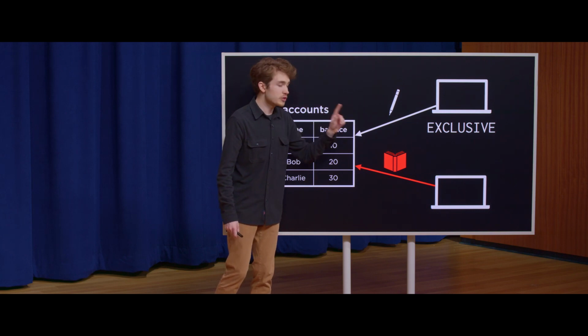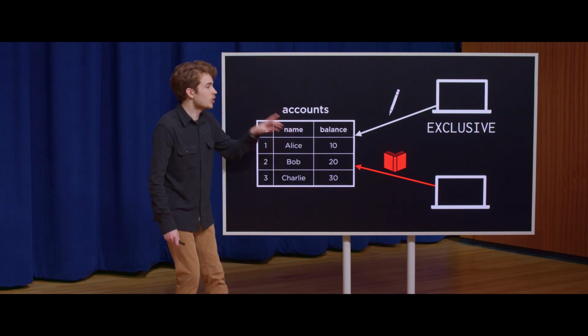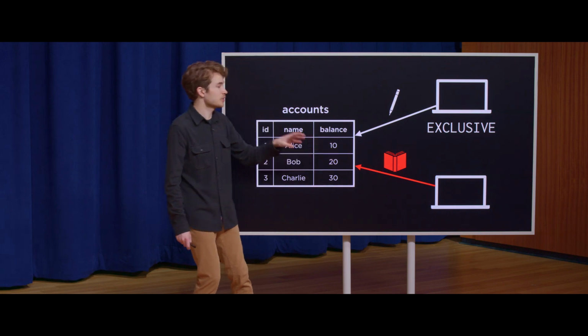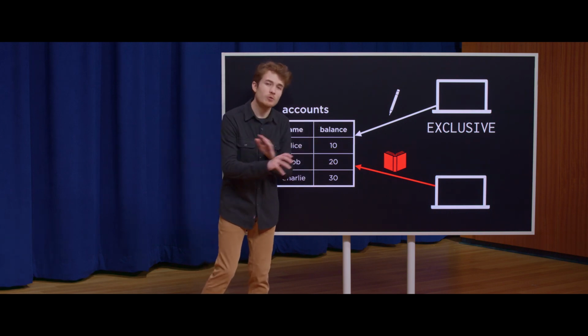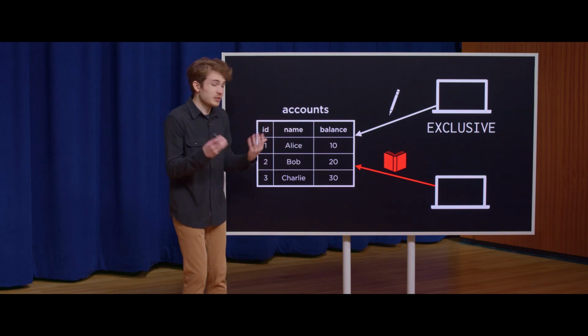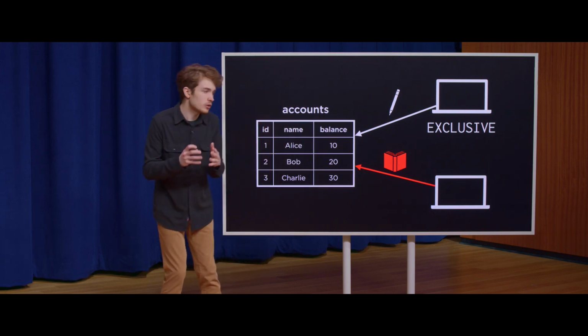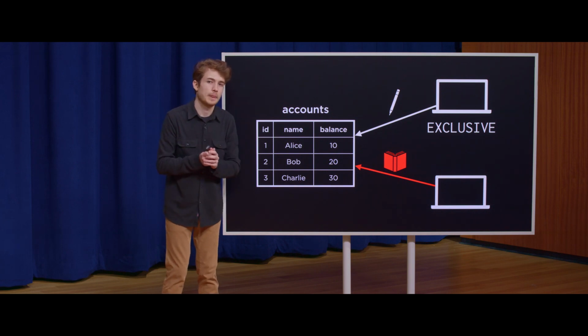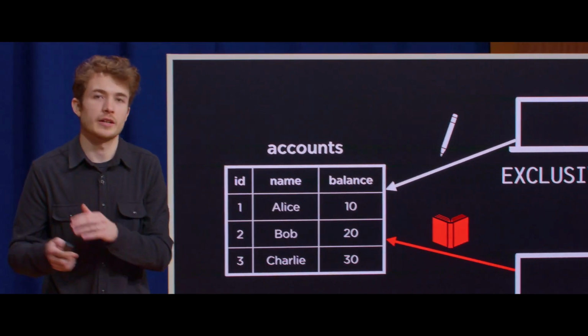Now, it's important to note that an exclusive lock does block others from running their own transactions. If I have an exclusive lock, no one else can run their transaction. That is kind of a necessary downside in this case to ensure that I don't make mistakes in updating my table.